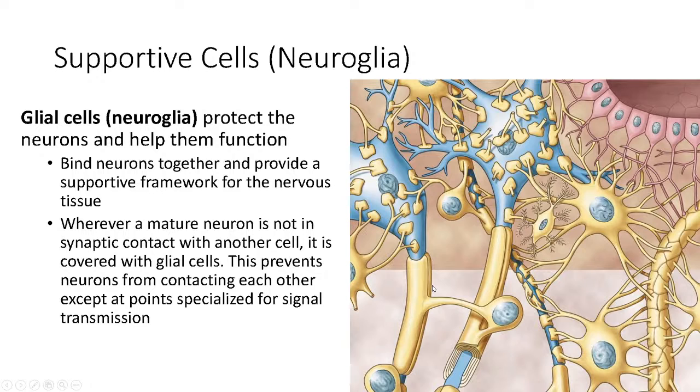And that actually wouldn't be good because neurons would just be indiscriminately stimulating each other for no good reason. And so the oligodendrocytes here produce the myelin sheath in the central nervous system, and they prevent that from happening so that only neurons that are supposed to stimulate each other or inhibit each other do so.